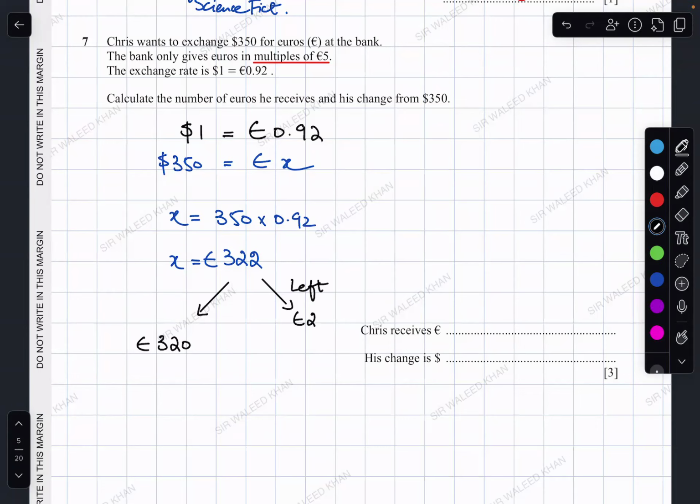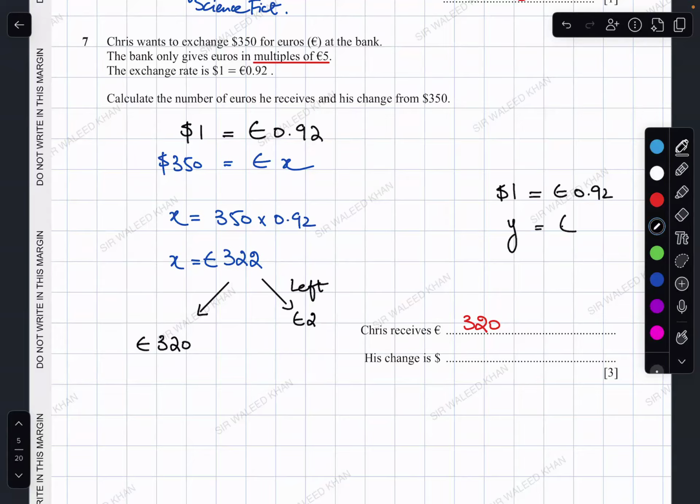So this was the amount left because the bank gives in multiples of 5. So Chris received 320 euros, and the amount left, which is 2 euros, will be changed back into dollars. The exchange rate is already given to you. $1 is equal to 0.92 euros. You can directly just figure that out, but I'm just doing it for you. So let's say this is y.